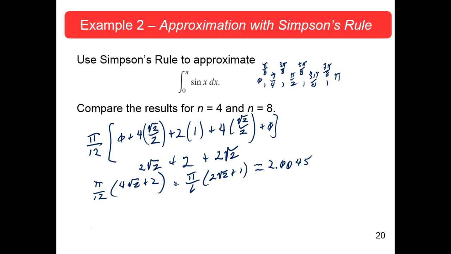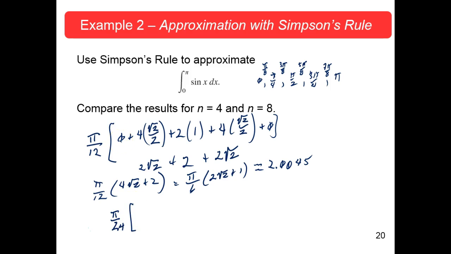And the other thing it changes is your initial value is going to be b minus a, again, is pi, divided by this time 8 times 3, which is 24. So this time it's going to be pi 24ths times.